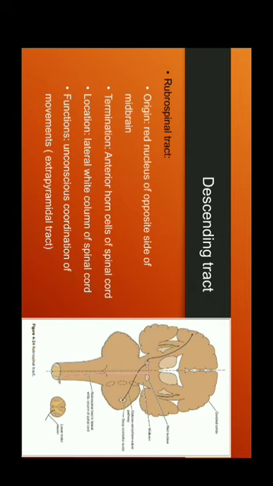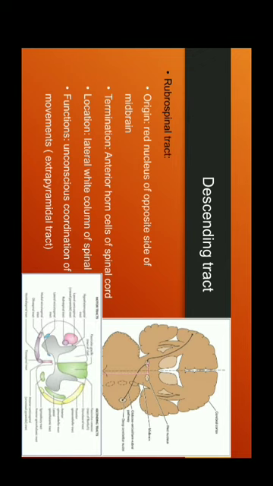So the rubrospinal tract: the red nucleus on the opposite side of the midbrain gets its supply from the cerebral cortex and also from the cerebellum, getting its influences from these two areas. The fibers from the red nucleus cross to the opposite side, right in the midbrain, and descend downwards through the spinal cord to lie along the lateral white column of the spinal cord.